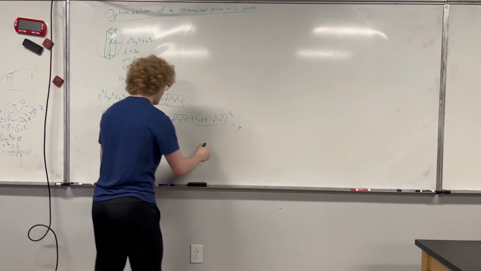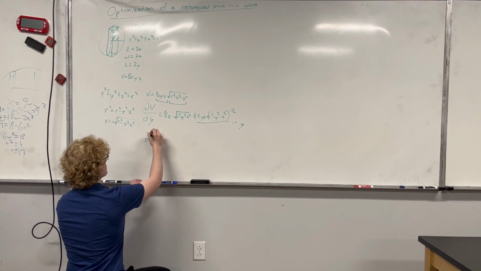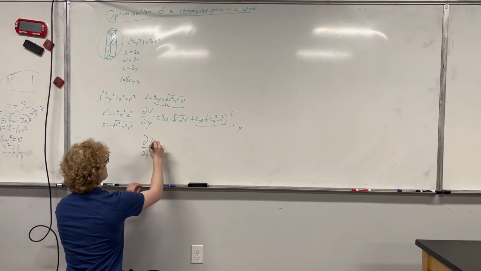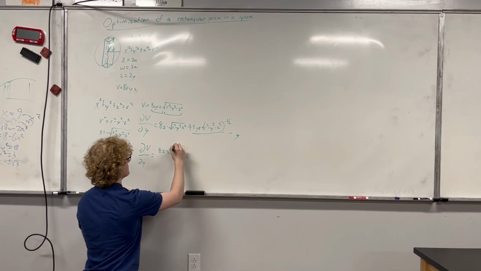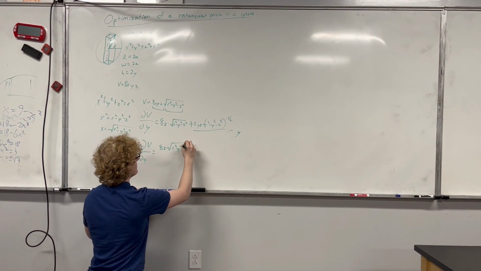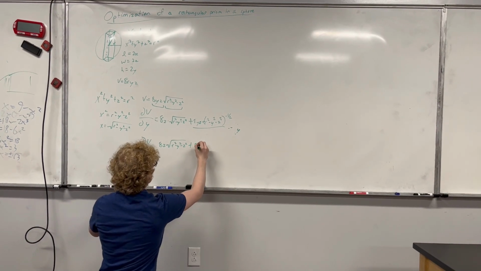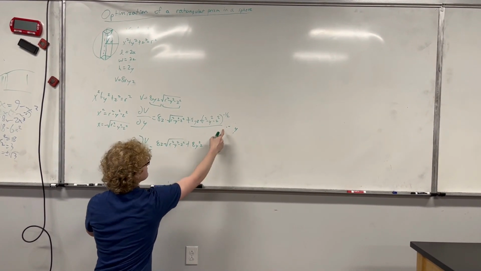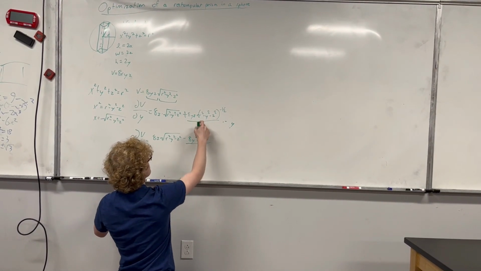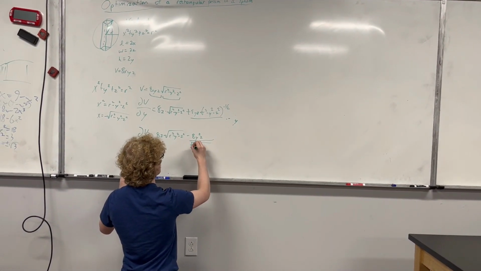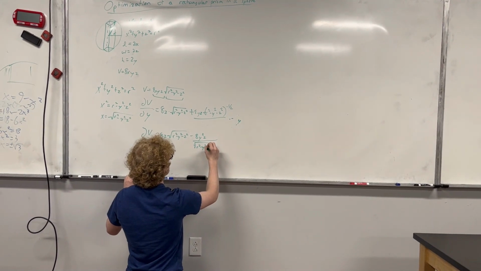So our new equation is going to be the partial derivative of volume with respect to y is equivalent to 8z square root of r squared minus y squared minus z squared plus 8y squared z. Sorry, the minus over here makes it a minus. And then we have to divide this by the square root of r squared minus y squared minus z squared.